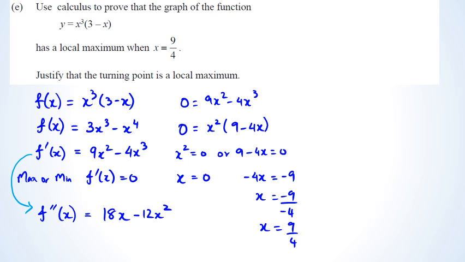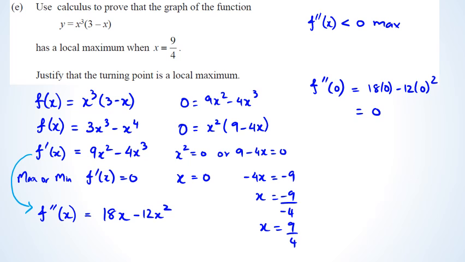And then what we can do is substitute in f double dash of 0. So if I do f double dash of 0, I end up with 18 times 0 minus 12 times 0 squared, and I end up with 0. So this is not a maximum, because remember, for a maximum, f double dash of x has to be less than 0.